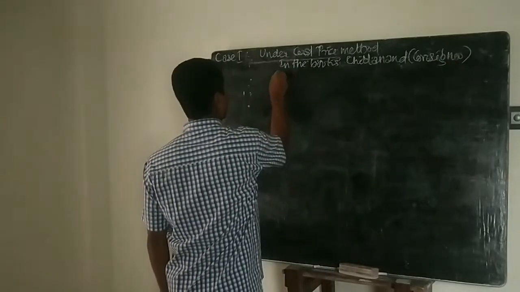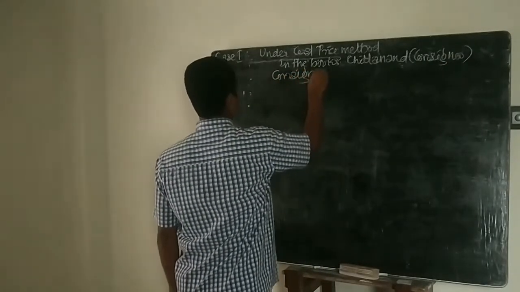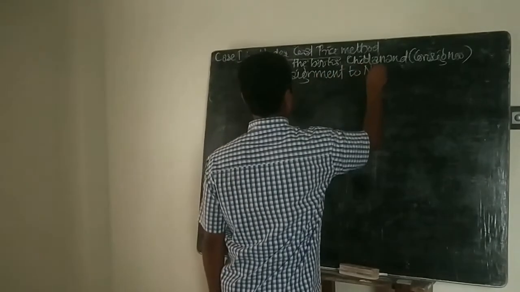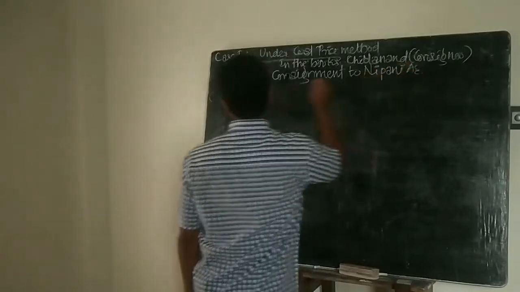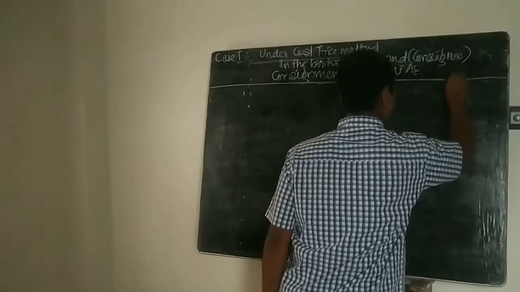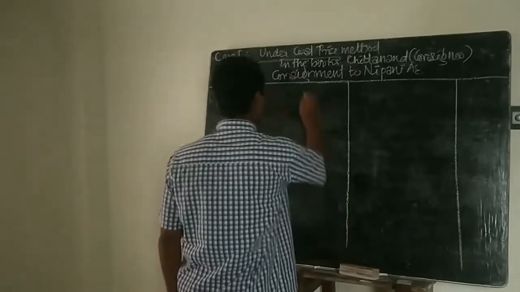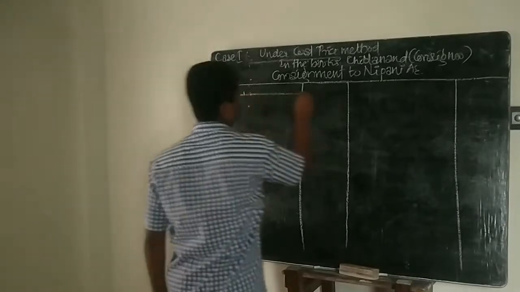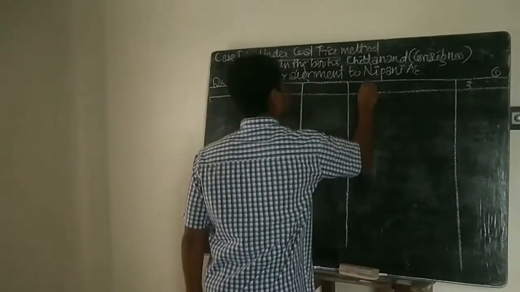So let's prepare here consignment to Nipani, consignment to Nipani account. This is a very simple case study. This preparation of consignment account is just like you are preparing a trading and P&L account here.